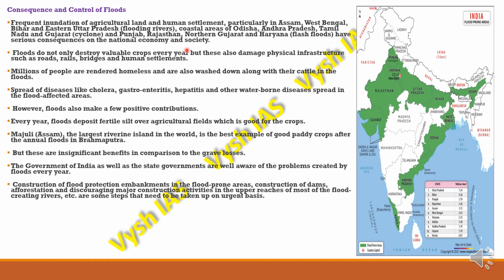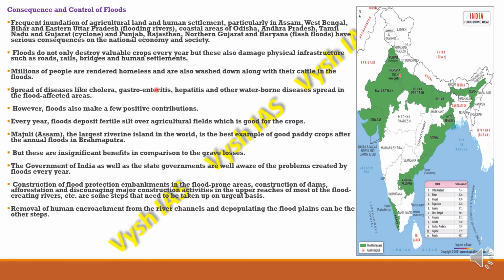So construction of flood protection embankments in flood-prone areas, construction of dams, afforestation, and discouraging major construction activities in upper reaches of most of the flood-creating rivers are some of the steps that need to be taken up in the coming future and on an urgent basis.